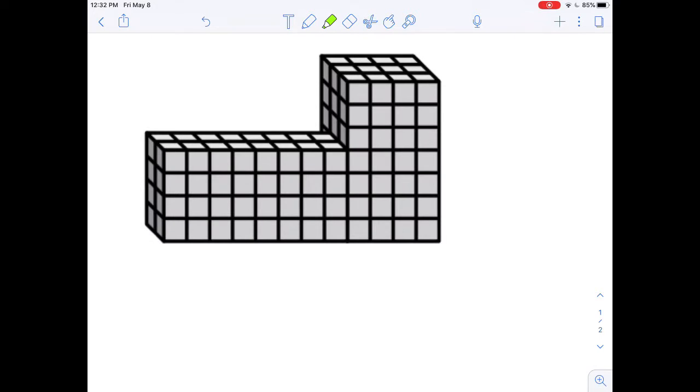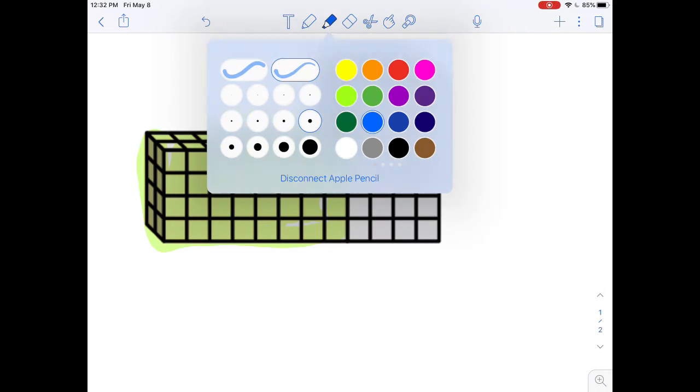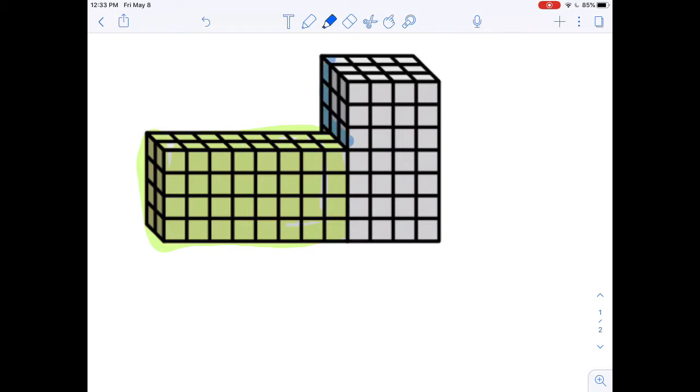So let's try one that is a picture of the blocks instead of the actual blocks. When I'm dealing with a picture, I'm going to use some colors to help me break it apart, since I can't actually break it apart. So I'm going to color in this section as green, and then the other section I will color in as blue.